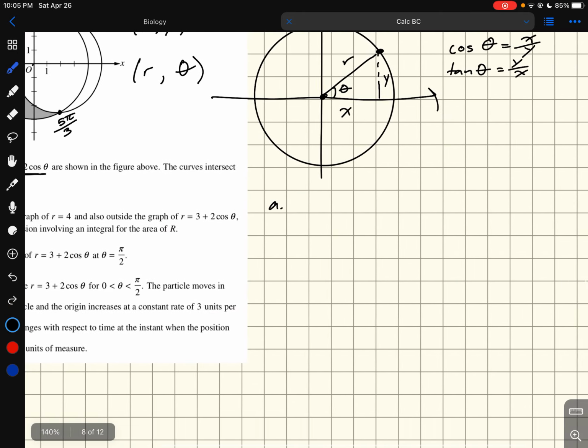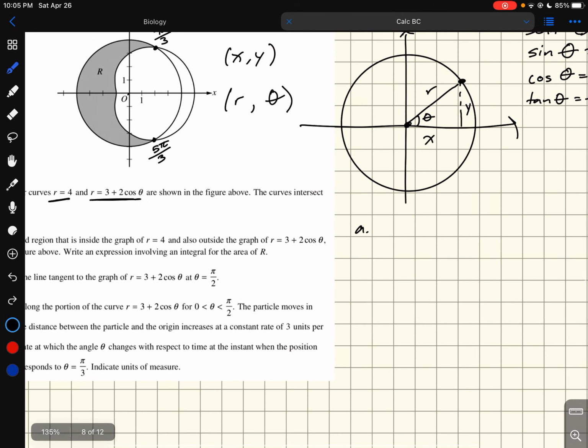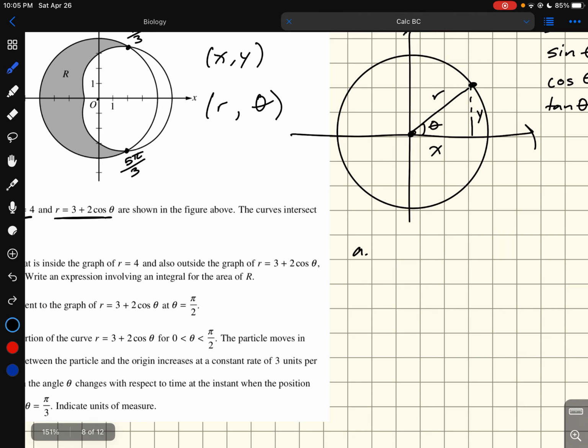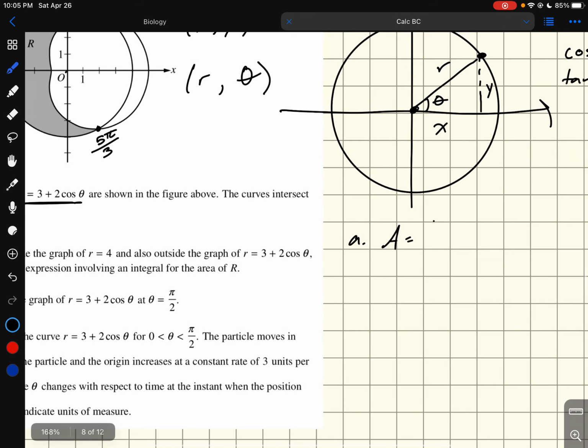Okay. So, I actually had to search this up. But the area of these slices of the circle, I thought it was like an arc length, but I don't know, it's equal to 1/2 r squared theta.